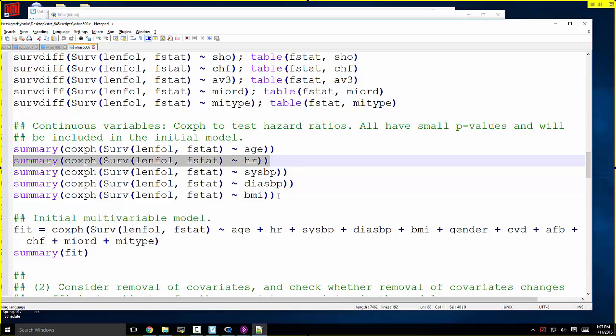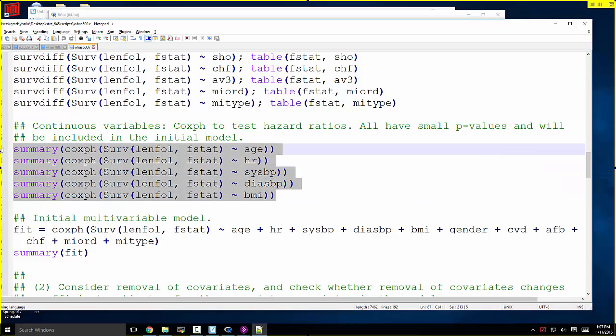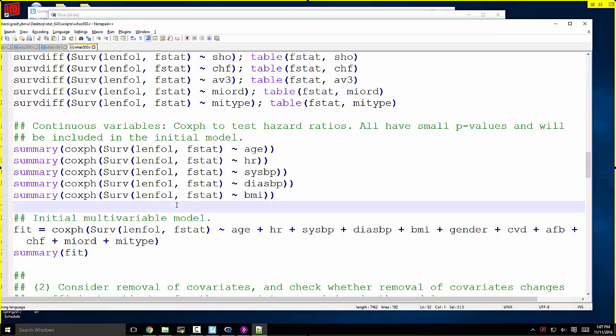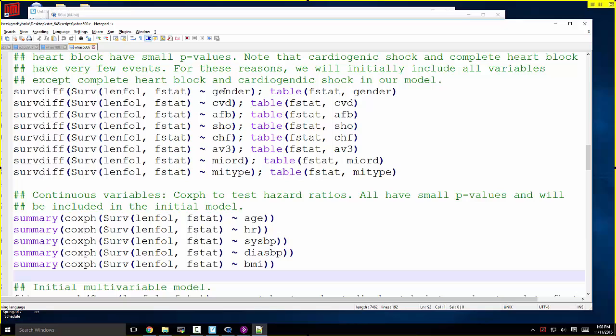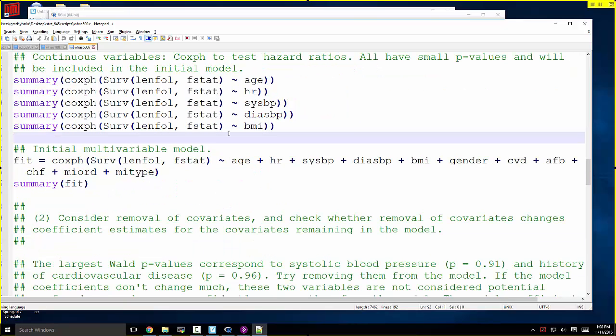If we continued through, we would see similar stories for all 5 of the numerical predictor variables. So let's plan on, at this point, including all of them. So we have several categorical variables and now 5 numerical variables.